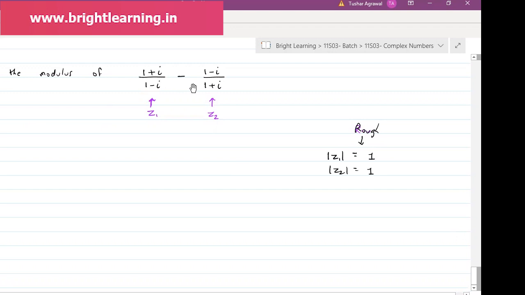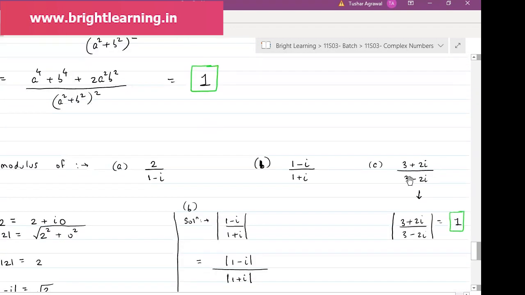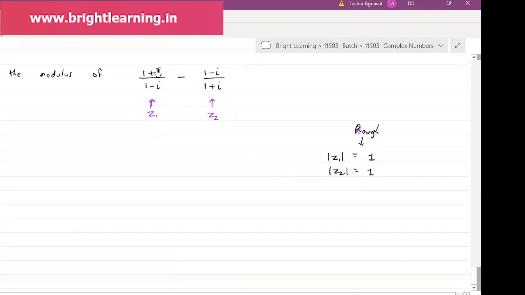The previous calculations that we did: 3 plus 2i, 3 minus 2i, 1 minus i, 1 plus i. So Z1, Z2 both moduli are 1. So here directly the answer will be 1 minus 1 equal to 0. Answer is 0. What is the error in this calculation?